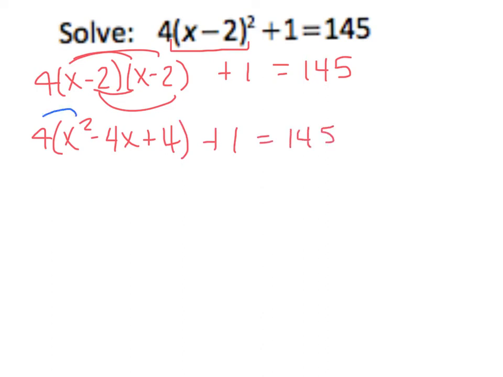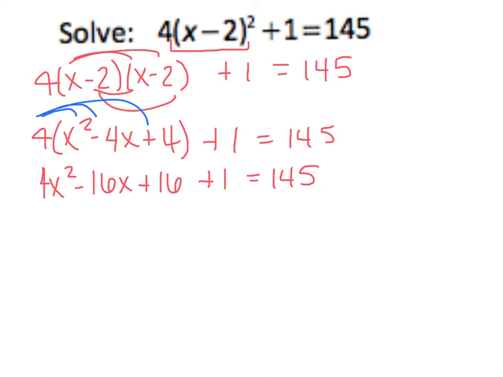Now I'm going to go ahead and distribute the 4 to everything. So I have 4x squared minus 16x plus 16 plus 1 equals 145. Okay, now I know I probably lost some of you because it looks like a lot of work, but again, this just turns into a level 2 type of question where you want to get everything on one side.